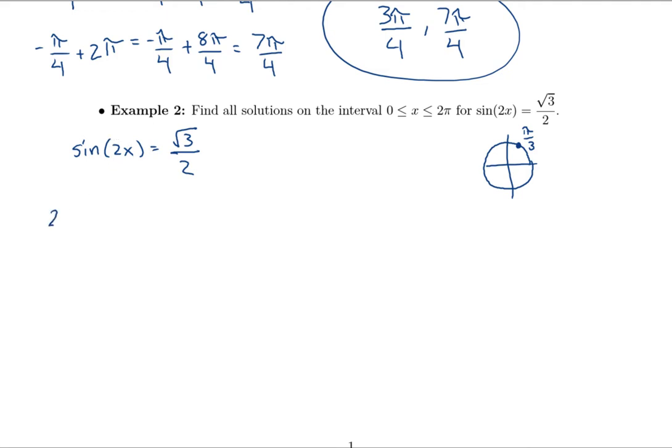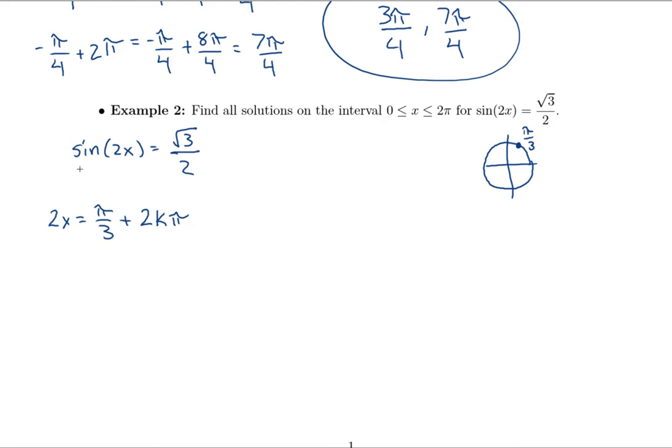So I'm going to write 2x equals pi/3 plus, now I know that anytime I add multiples of 2 pi, I end up in the same spot on the unit circle. So I'm going to go ahead and put plus 2k pi, standing for multiples of 2 pi. All right, my 2x equals that.